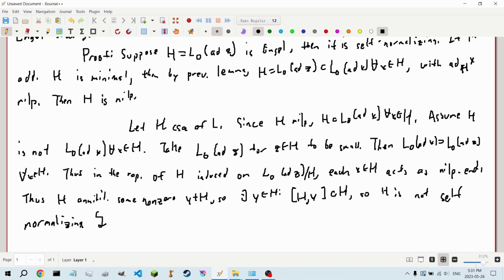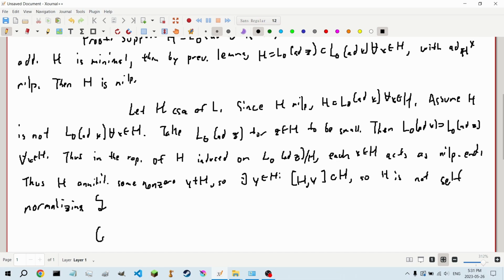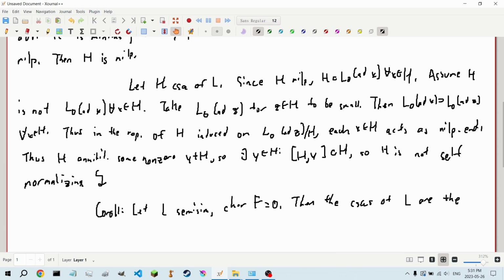And this comes with a corollary. Let L be semisimple over a field of characteristic 0. Then the Cartan subalgebras of L are exactly the maximal toral subalgebras.